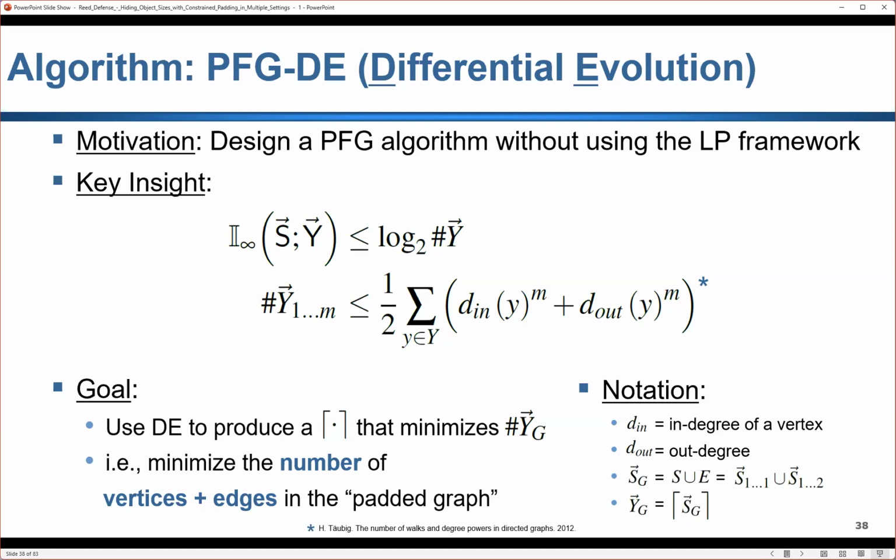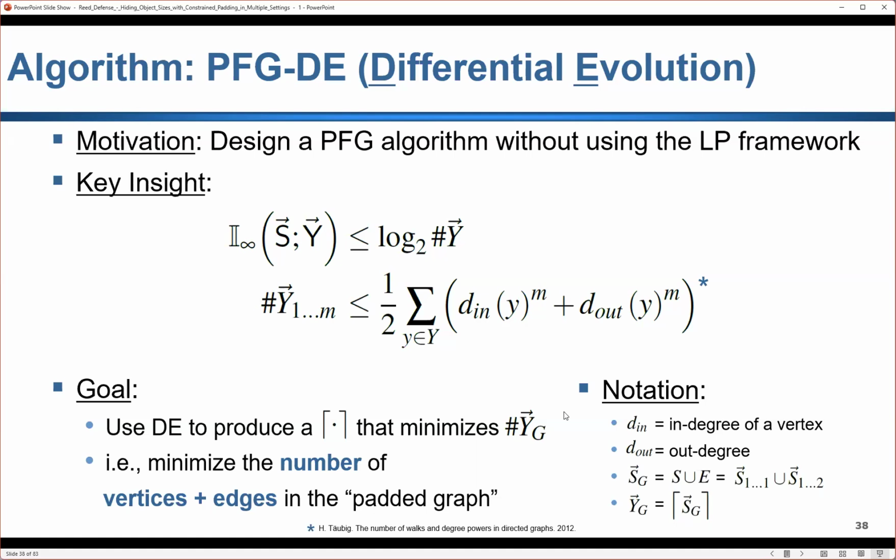So if you imagine the object store becoming a padded graph after padding has been applied, you have vertices now are padded sizes, and dependencies then become directed edges between those padded sizes.